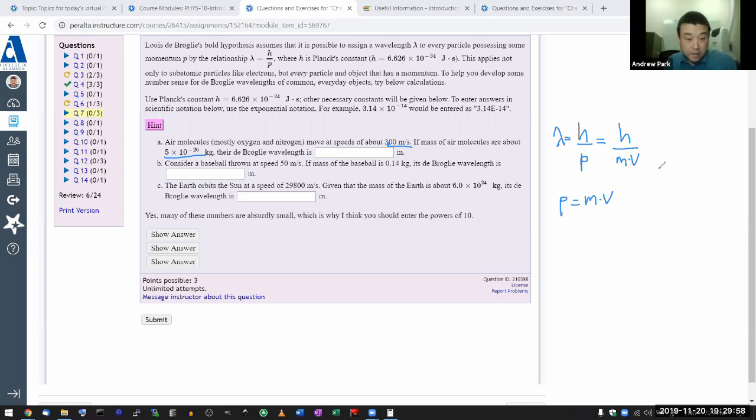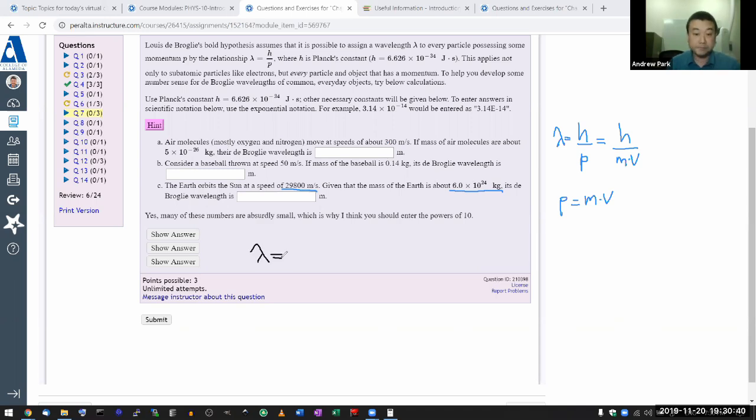Each of the questions gives you the mass and the velocity you are using. So let me just pick the most ridiculous example possible and use the one with Earth. If we want to figure out the wavelength of the Earth, let's plug in those numbers and see.